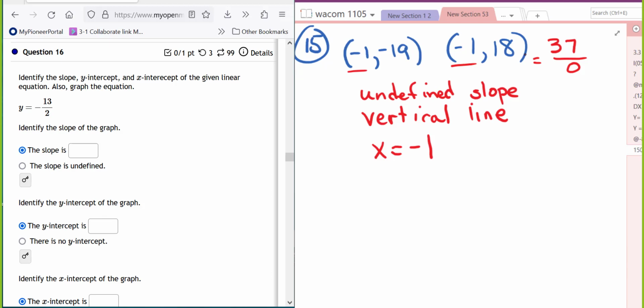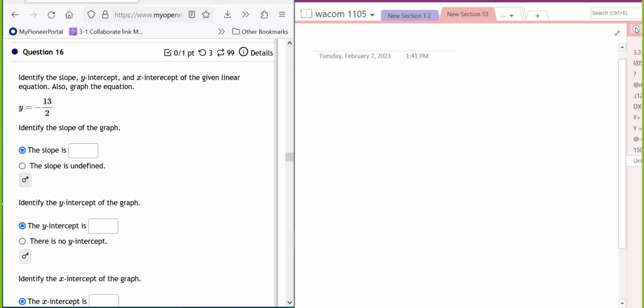All right, and so I did look at one here, 16. And this one, they are giving us a special line. We know it's special because it only has one variable.